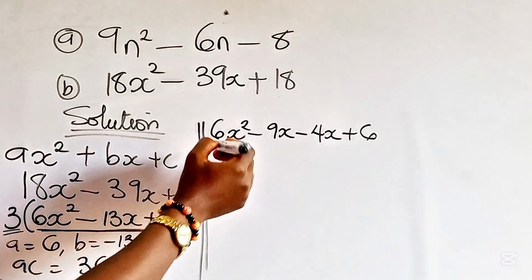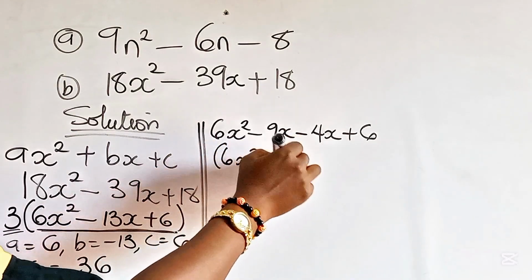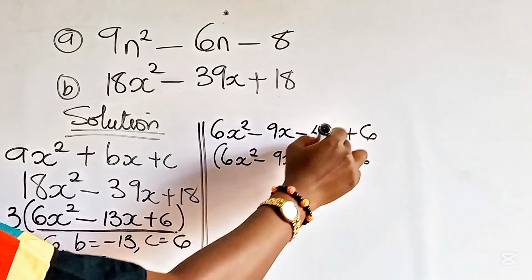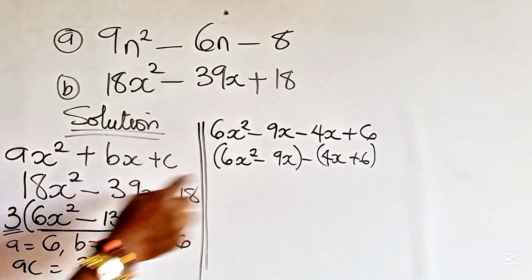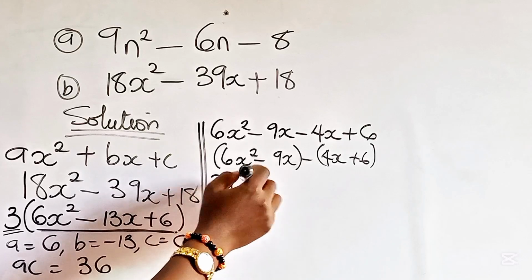Let's pair them. So we have bracket open 6x squared minus 9x, minus 4x plus 6. We factor out the highest common factor. Over here, the highest common factor is 3x, so we have 3x outside the bracket.